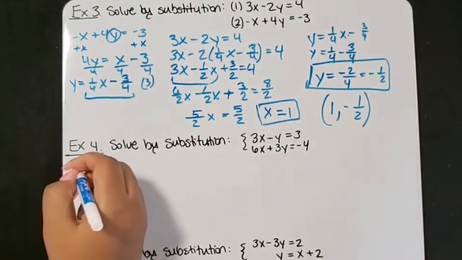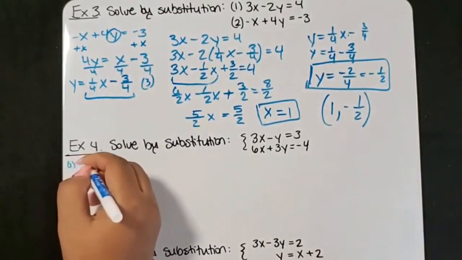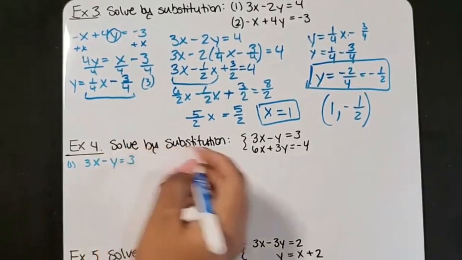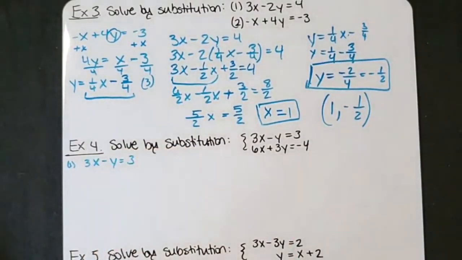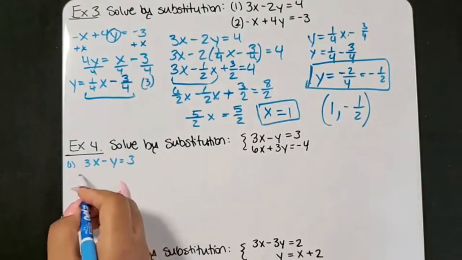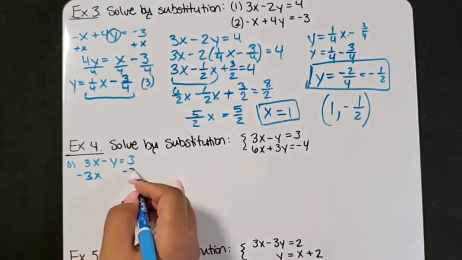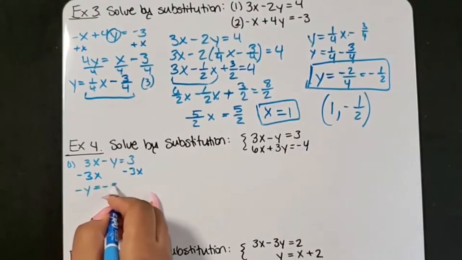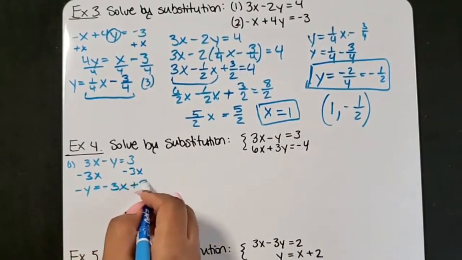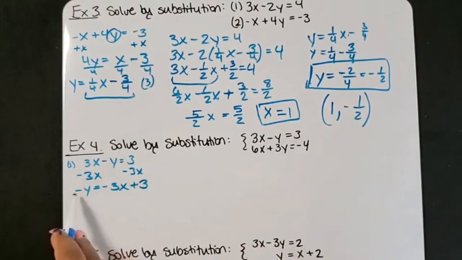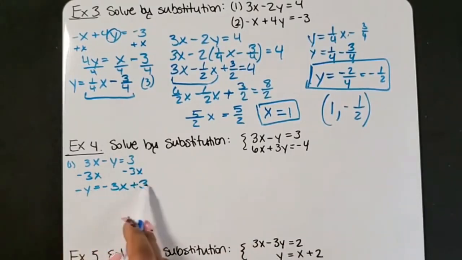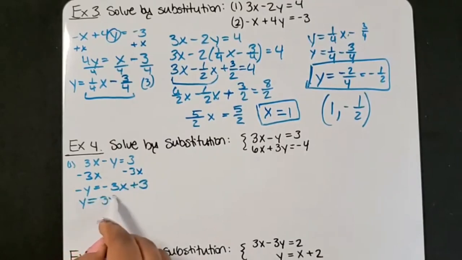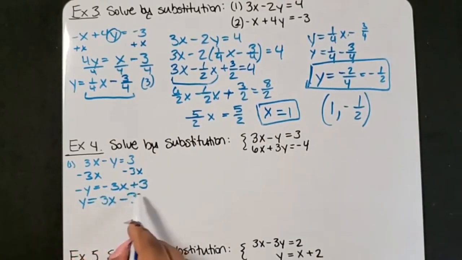My first equation is 3x minus y equals 3. I'm going to subtract 3x on both sides, and I'm going to have negative y equals negative 3x plus 3. And when I divide everything by negative 1, I'm going to have y equals 3x minus 3.